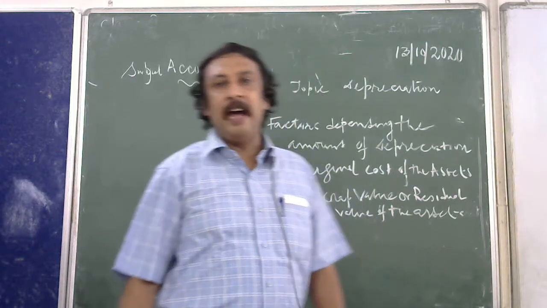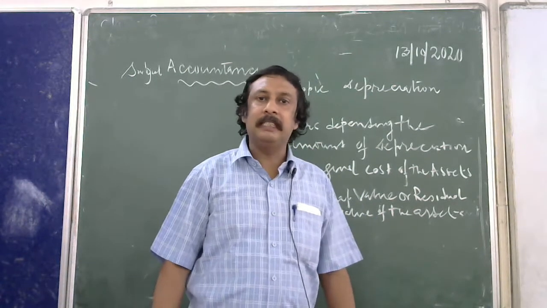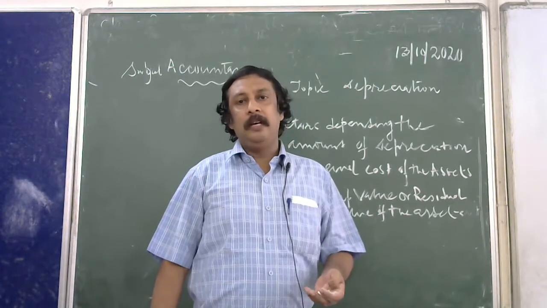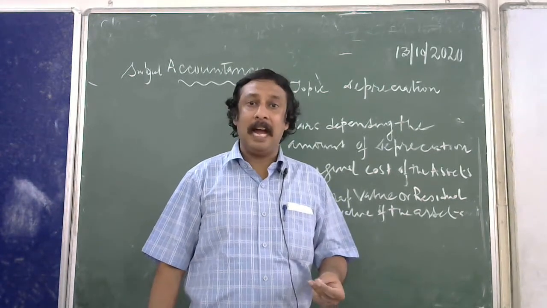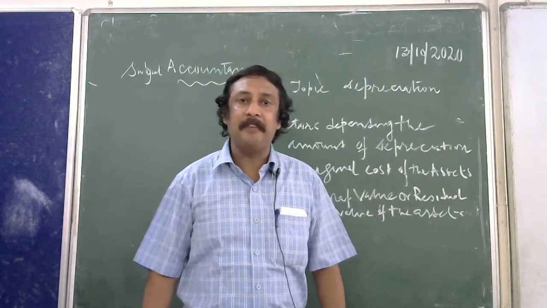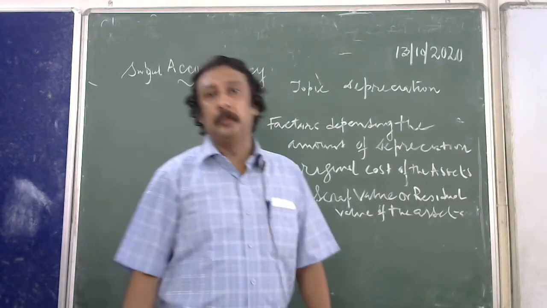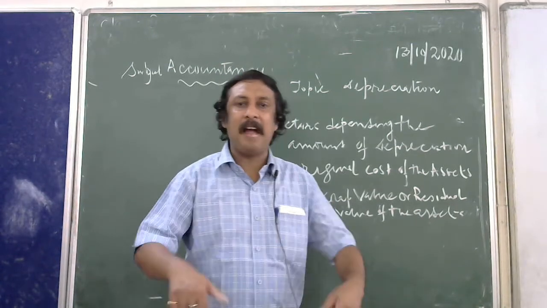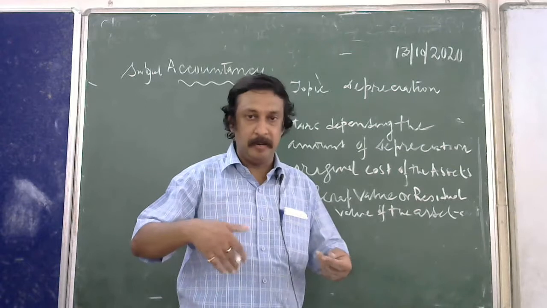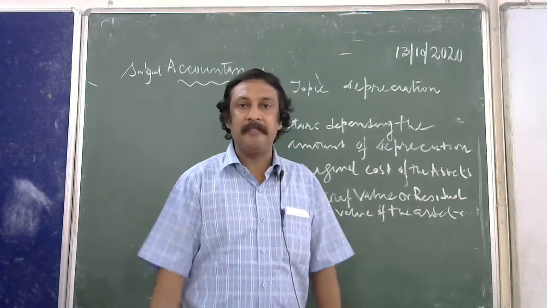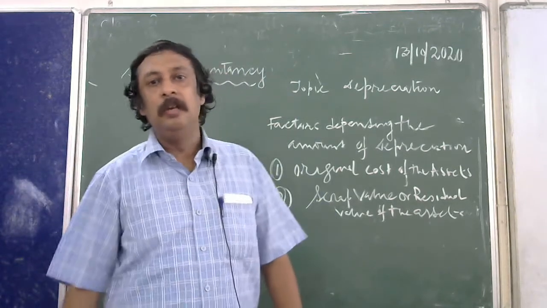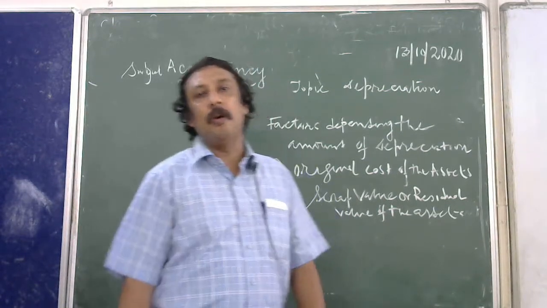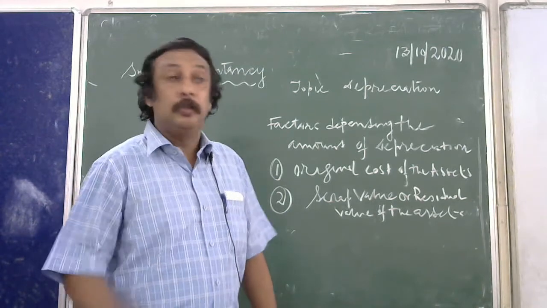It is the amount which you are going to get at the end of the useful life of the assets when it is sold. When the asset has been used for its useful life, the amount you get back from the sale of the asset as junk is called the scrap value.